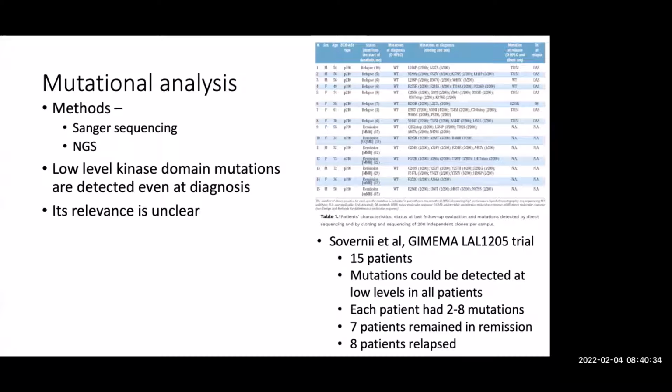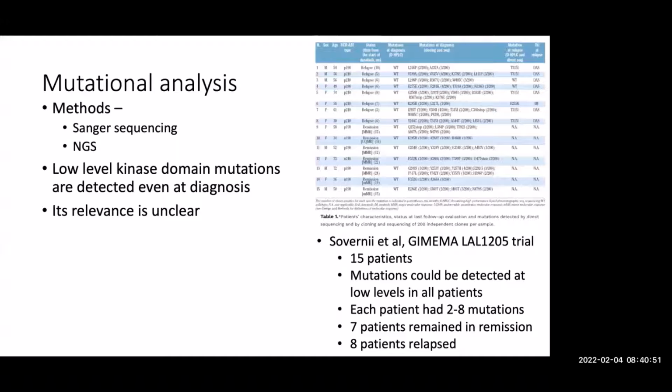So this was actually characterized in this particular trial, which is mentioned on the left hand side, where they looked at 15 patients with pH positive ALL whose kinase domain mutations were assessed at the baseline.